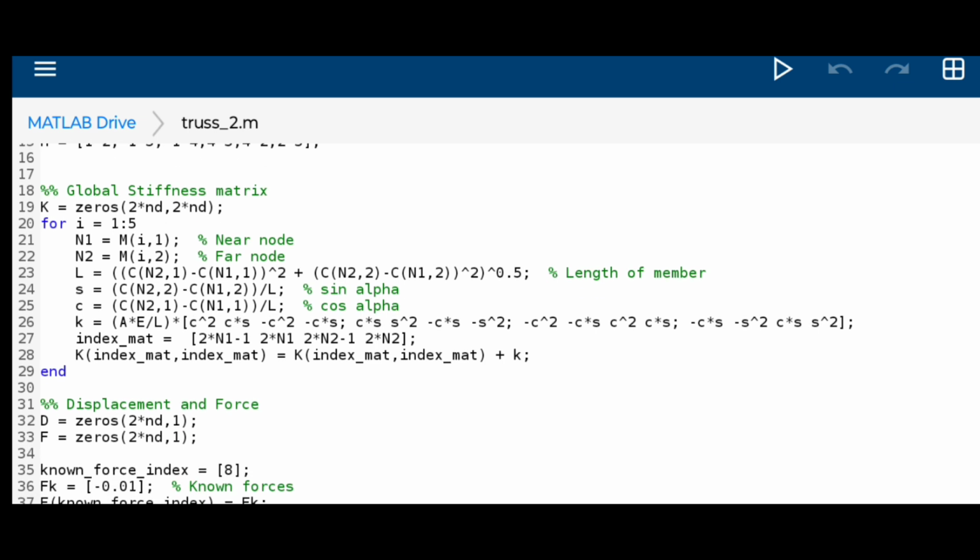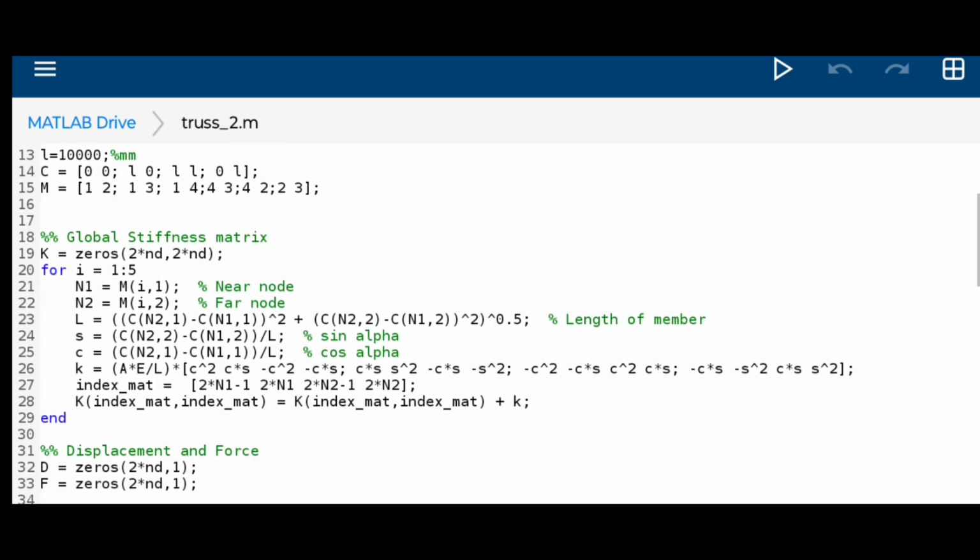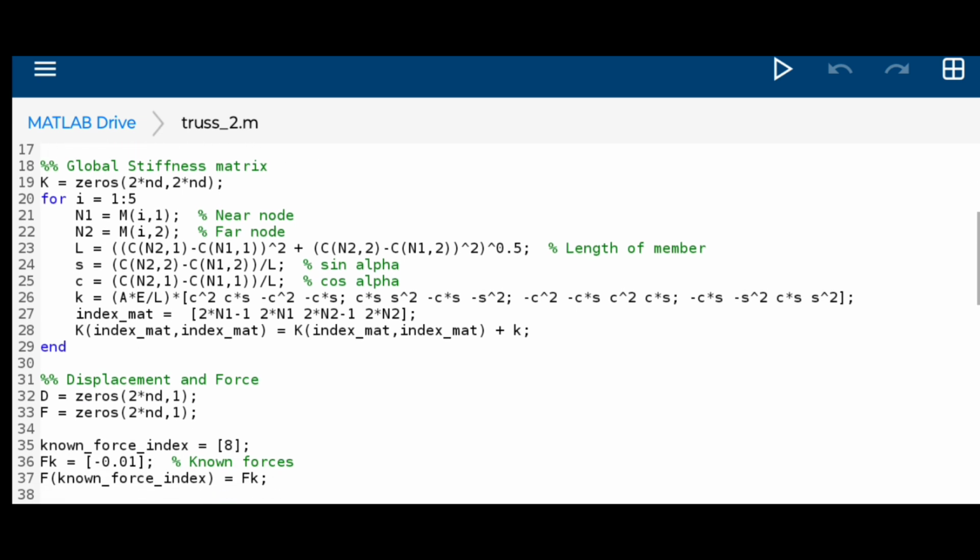Similarly, the cos value is x2 minus x1 divided by L, node 2 minus node 1. So x2 from node 2, x1 from node 1, and these values are taken from the coordinate matrix. So for node 2 the cos value is L minus 0 divided by L, so this will give us 1.